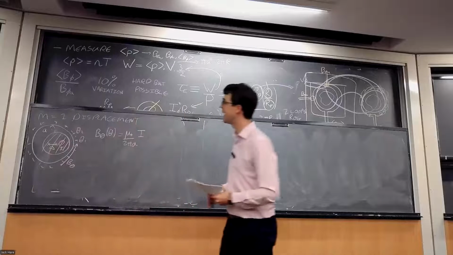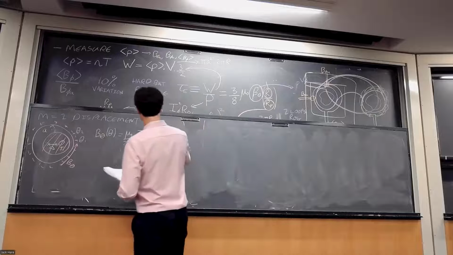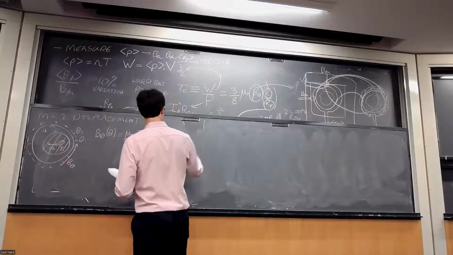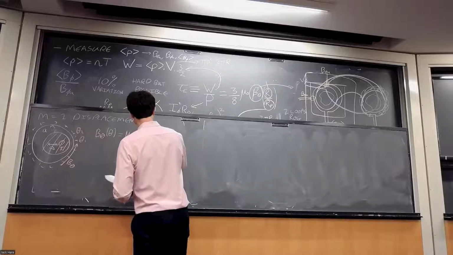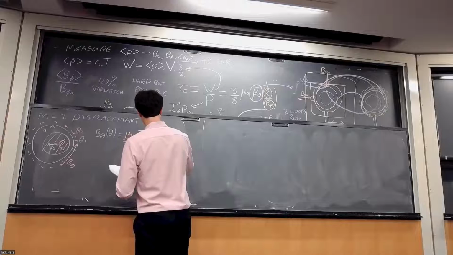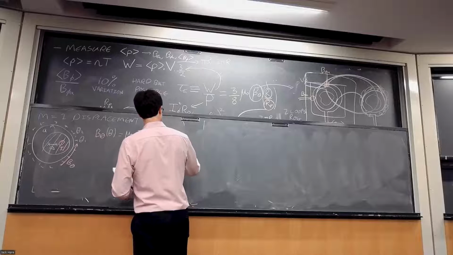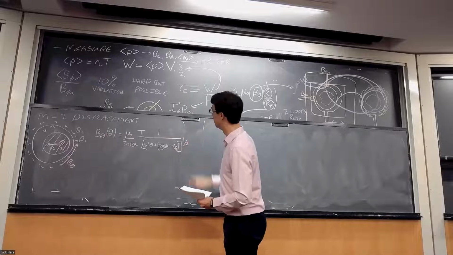From Ampere's law, we don't care about how the current is distributed, it's just the total current here. And this is going to be modified by a term that looks like the square root of [sine squared theta plus (cos theta minus delta upon A) all squared].